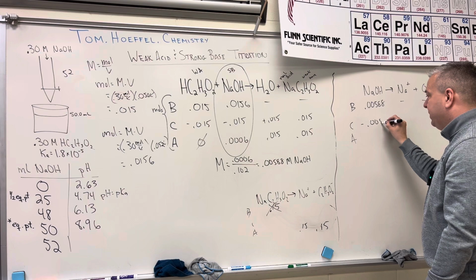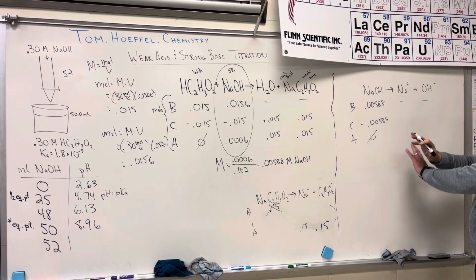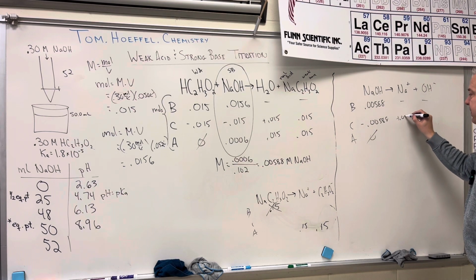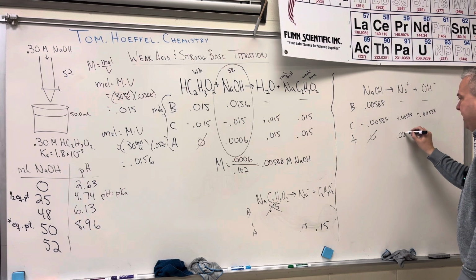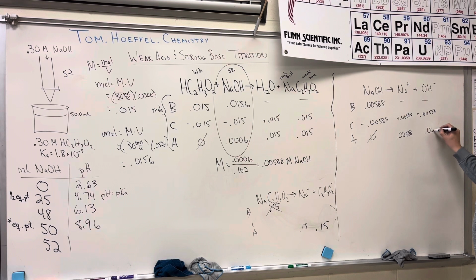All of it's going to react. It's going to push completely to the right-hand side. There's not going to be any sodium hydroxide left over. It's all going to be sodium ions, which have no effect on pH, but it's also going to create the hydroxide ions, and this is the piece that I'm interested in.